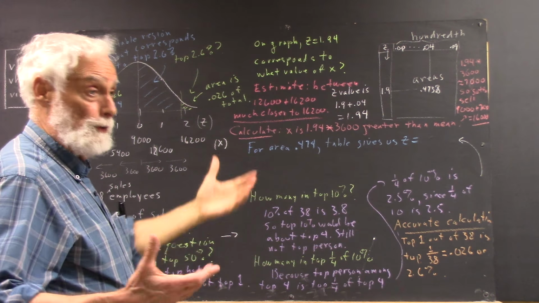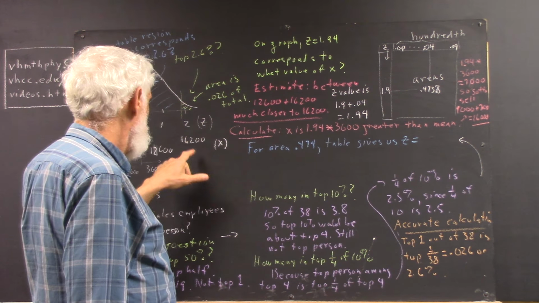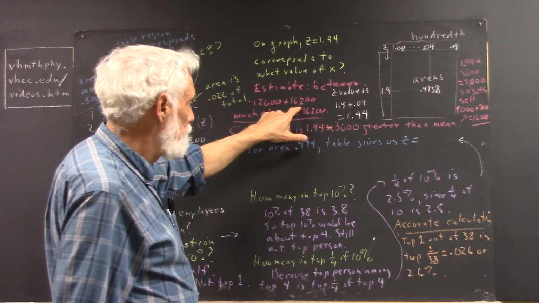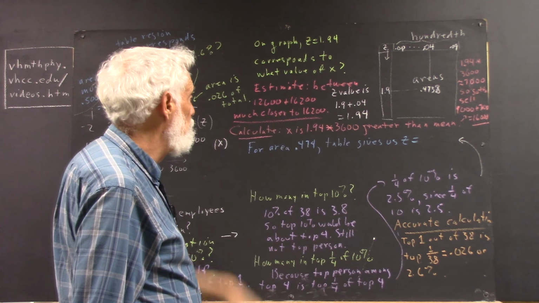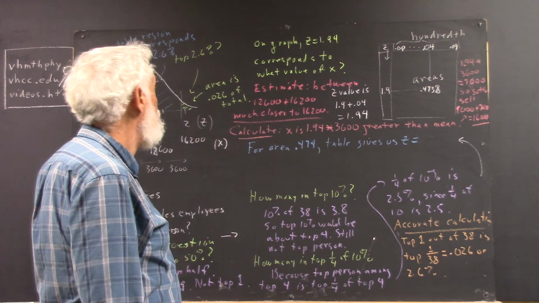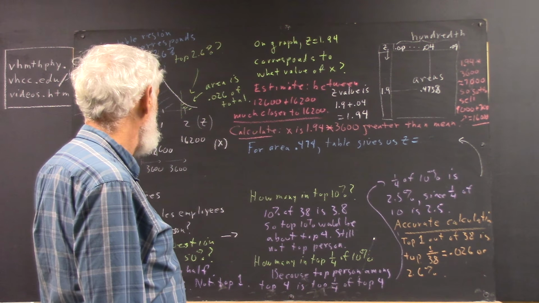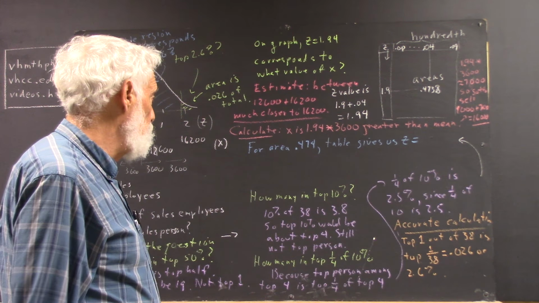Just coincidentally, it turns out that that's really, really close. So we make our estimate between 12,600 and 16,200, much closer to 16,200. So we say our estimate is 16,000. I don't know that I ever actually wrote out 16,000, but that was the estimate we came up with.